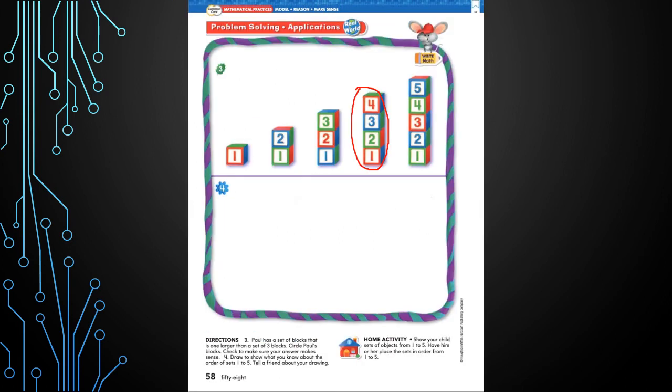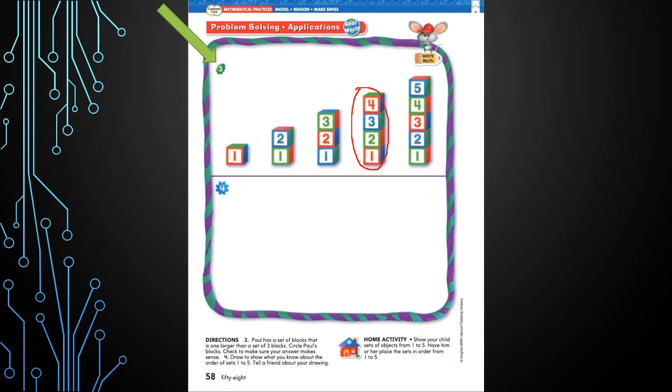Now moving on to exercise number 3. We have some blocks here. There is number 1 block, 1 and 2, 1, 2 and 3, 1, 2, 3, 4, and 1, 2, 3, 4, 5. Now, we know that Paul has a set of blocks that is 1 larger than 3 blocks. So, where are 3 blocks?